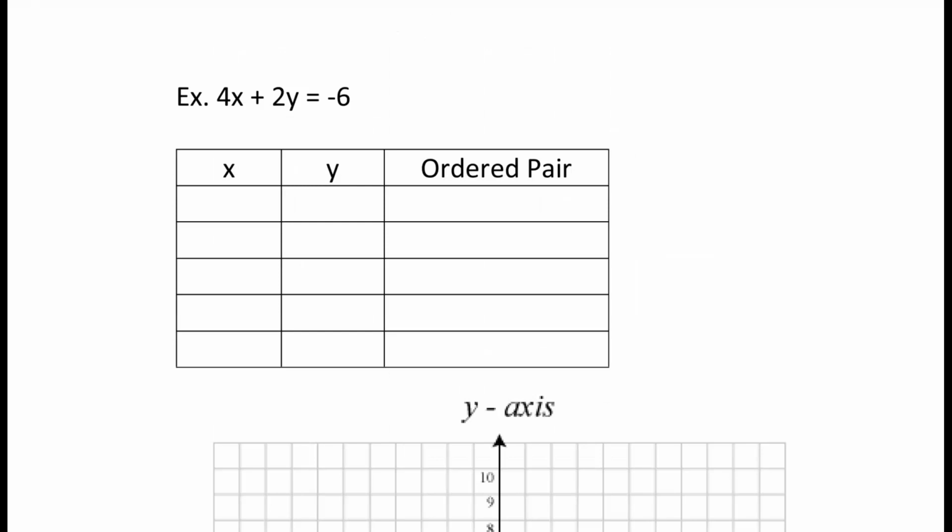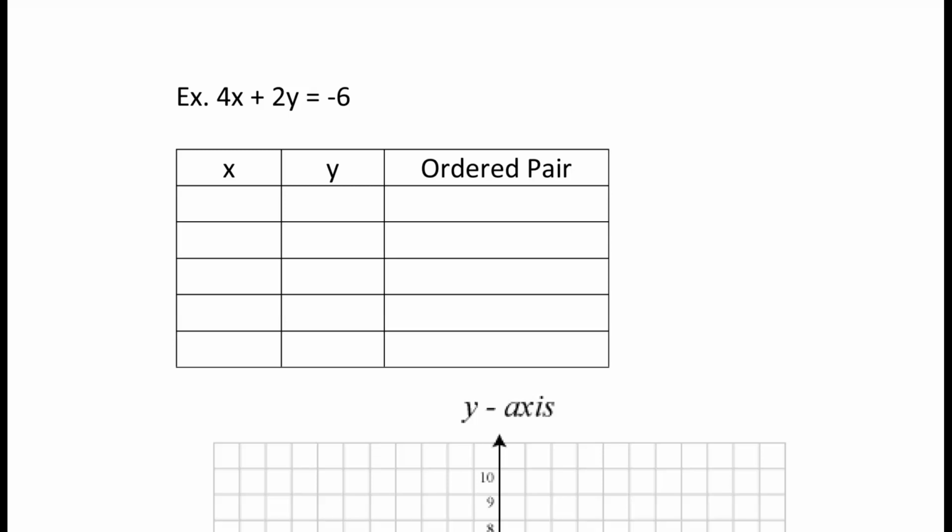After you've checked that your answer is correct, we're going to move on to an example with 4x plus 2y equals negative 6. Now, we are going to manipulate this equation and isolate y by itself, but just as a reminder, you can actually solve this without manipulating it, but it is a couple more steps.